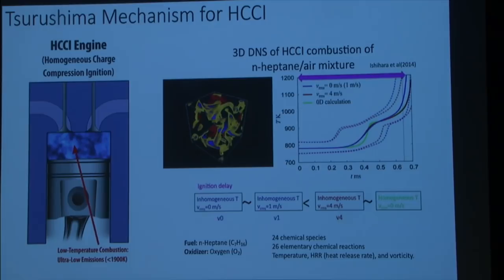The idea is you have on the left in blue inhomogeneous temperature profiles, also in red, but at very low initial velocities. 0, so not moving at all, and then a low initial velocity, and then a high initial velocity in red. And the idea is, perhaps if we take an inhomogeneous temperature field and move it really fast, then the timing of the ignition will behave as if it were a perfect homogeneous temperature field.